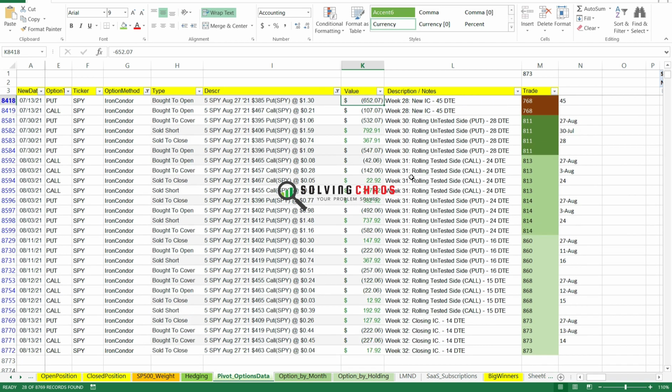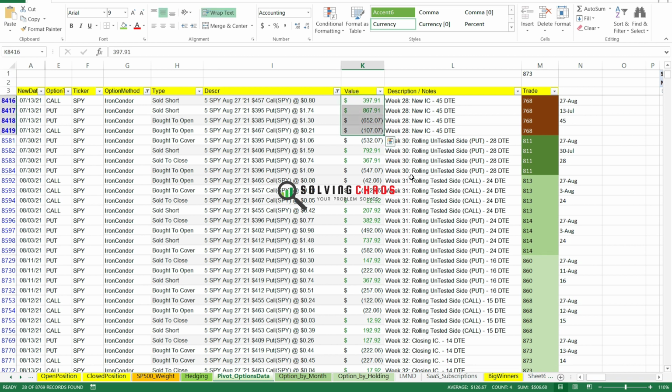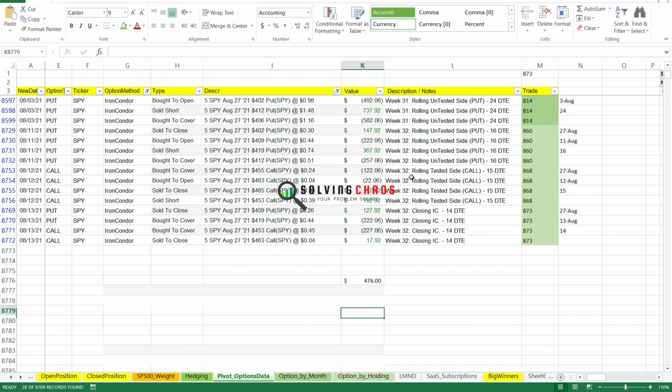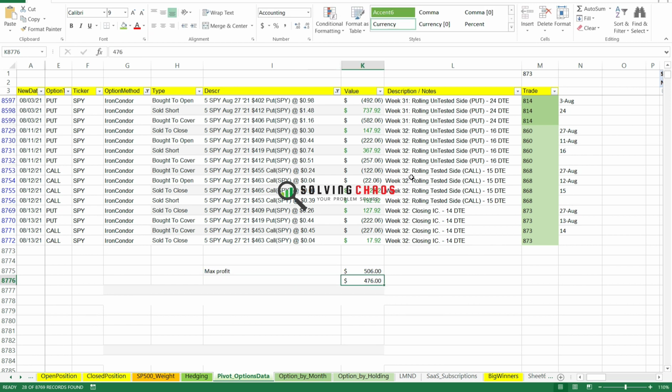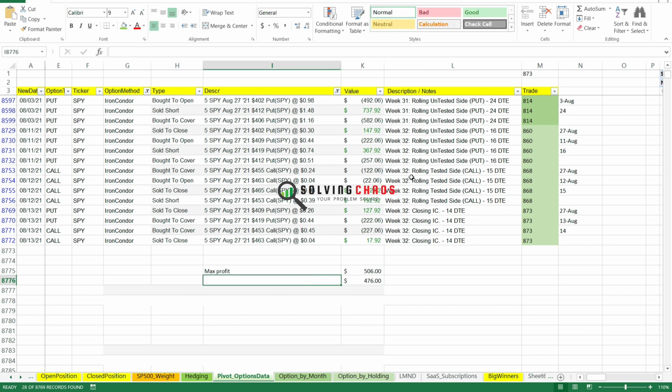But my maximum when I started this trade was $506. So if you look at the math, $506 was the max gain you can get, the max profit, if you let it go to full expiration without doing anything. I got $476 because I've been rolling, making the iron condor a little bit more narrow.